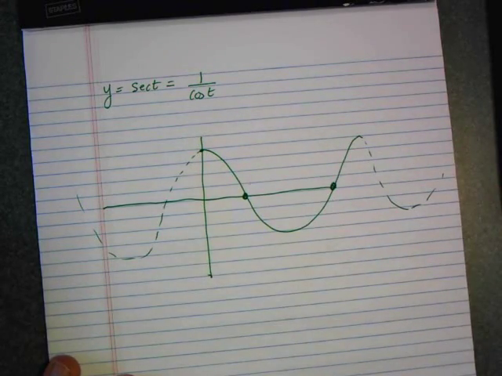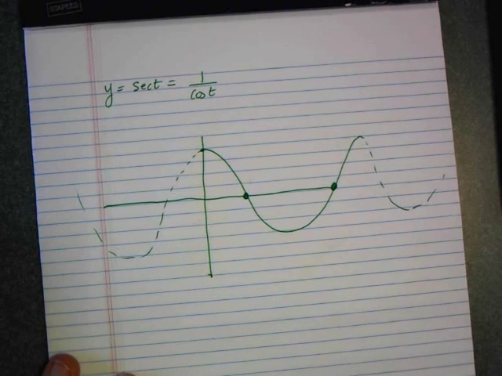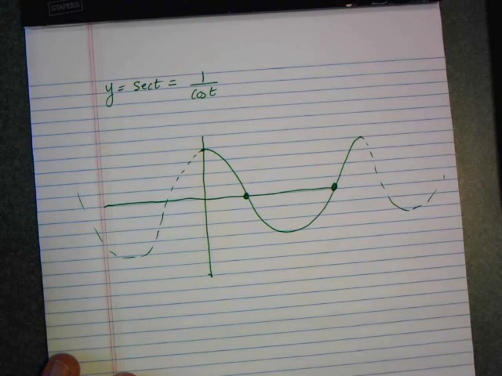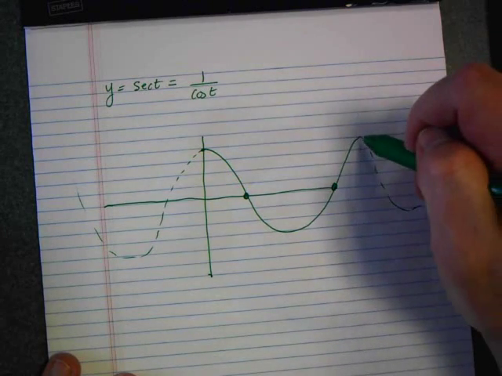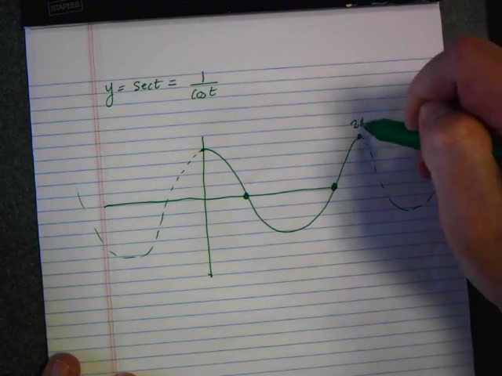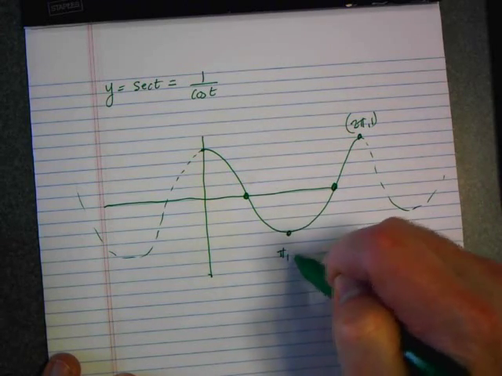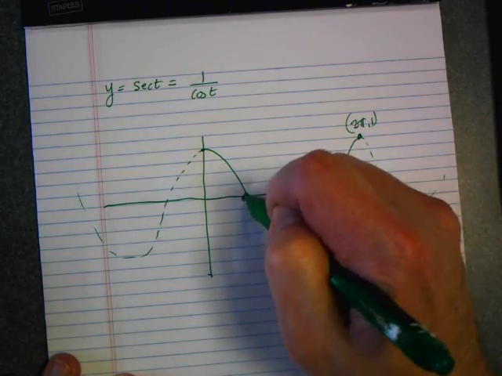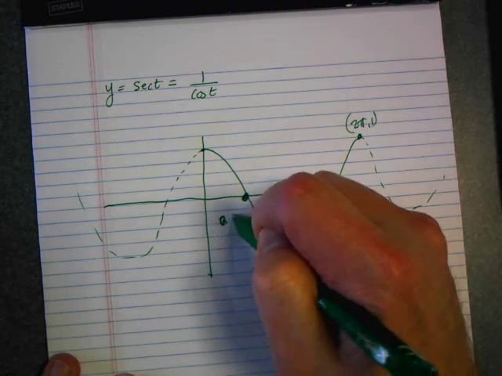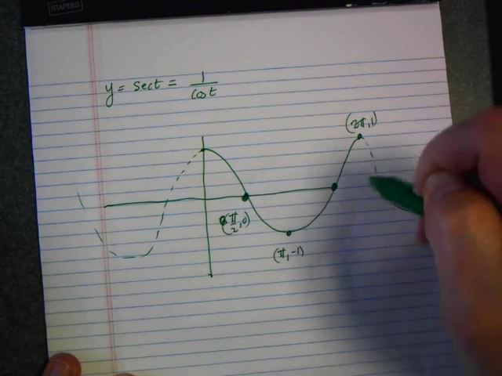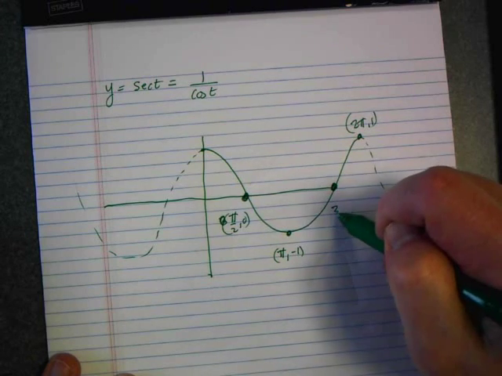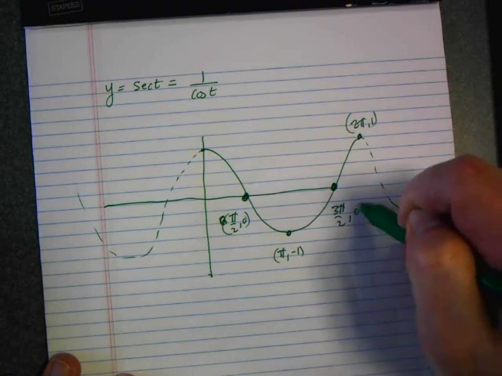What are those t values? This would be 2 pi right here. So this would be pi. So this 0 right here happens at pi over 2, and this 0 hits at 3 pi over 2.